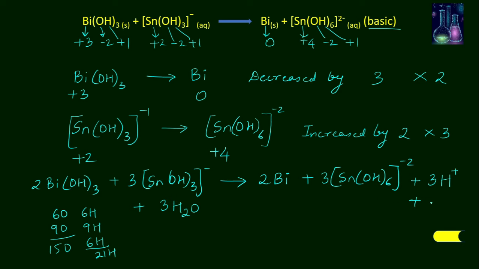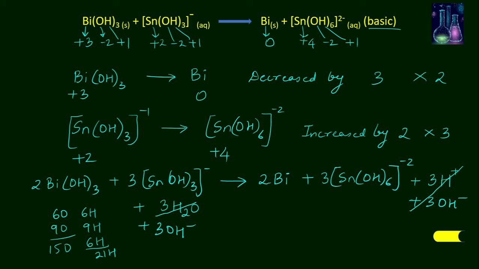So I will add 3 OH minus ions here and 3 OH minus ions here, and therefore I have the reaction in basic medium. Now this 3 H plus and 3 OH minus will convert into 3 molecules of water, and I can cancel that out, and this 3 molecules of water will be cancelled out, and finally I get my balanced equation.